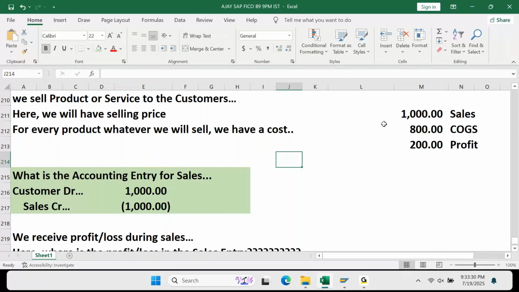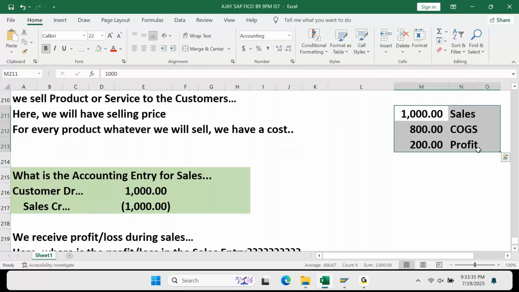Yes. Customer account debit. When we listed it here, everybody was clear. The moment I started writing the accounting entry, it became a little tricky. Where is the profit? The way we are trying to understand and connect the points should be clear right from the beginning.